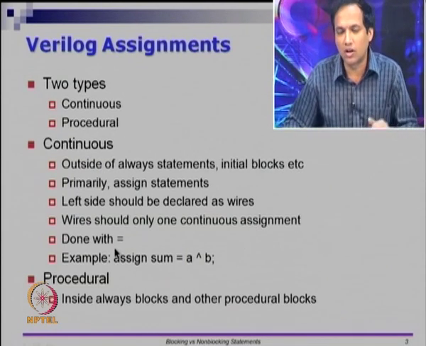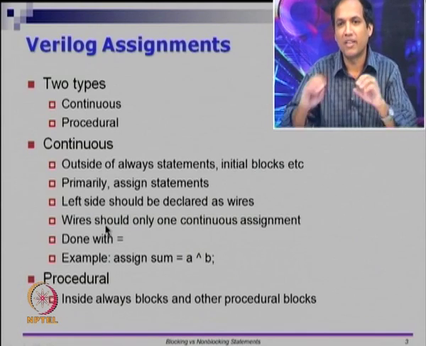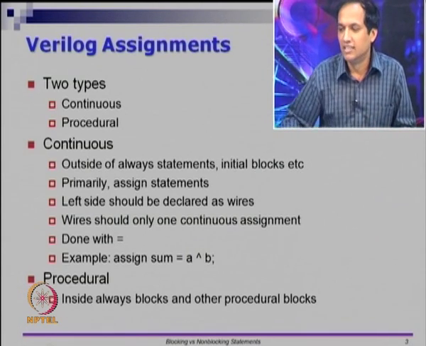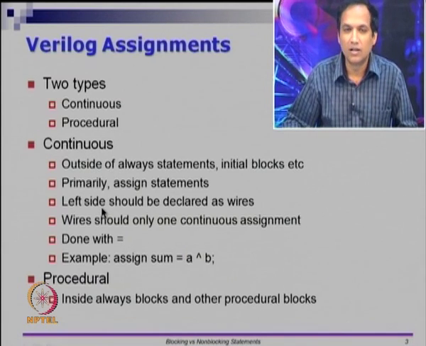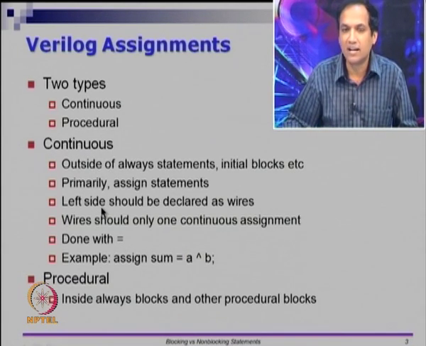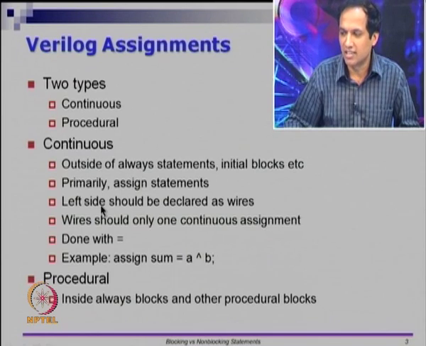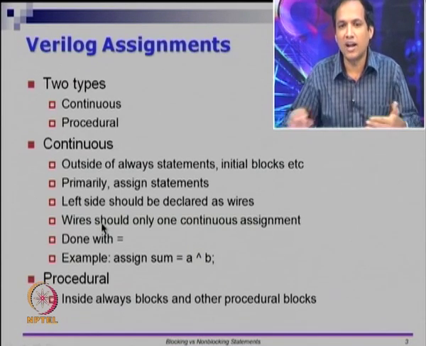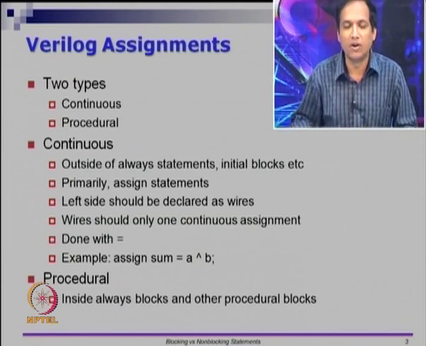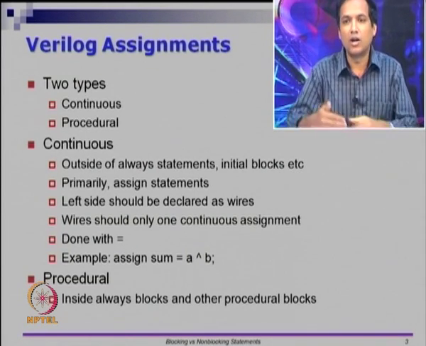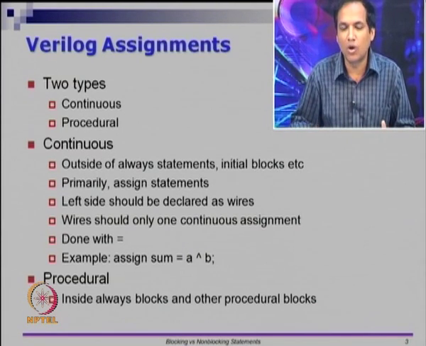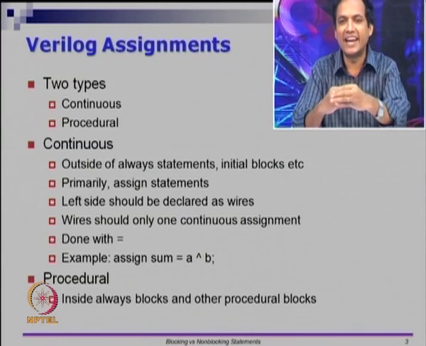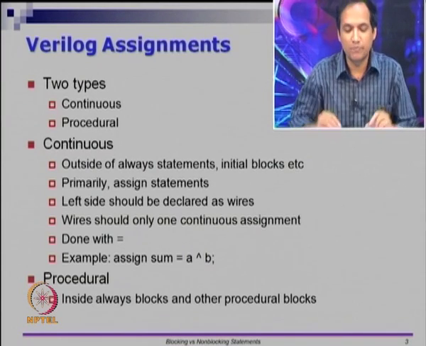You know all of these statements: assign A equals B and C. Here assign is the keyword, A is the variable on the left side, A should be declared as a wire, and you can have only one assign A equals A plus B or A and B. You cannot have assign A equals A and B and also another assign A equals A and C, because that would mean there are two different gates driving the same wire.